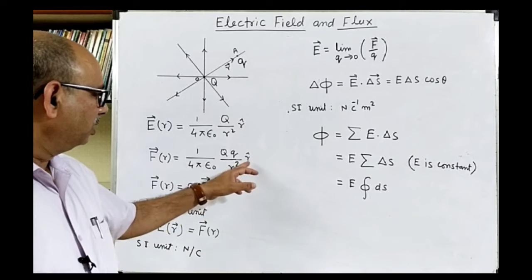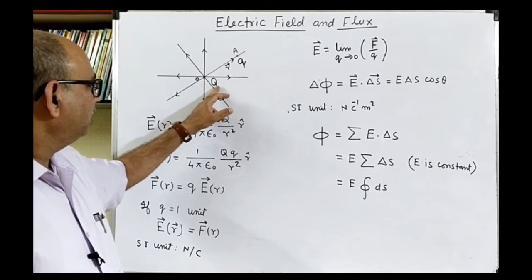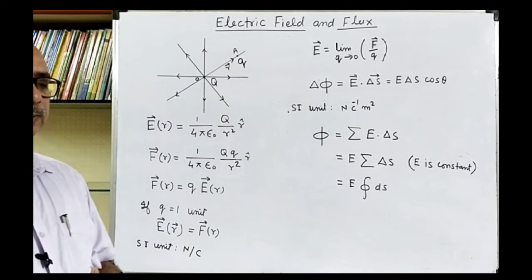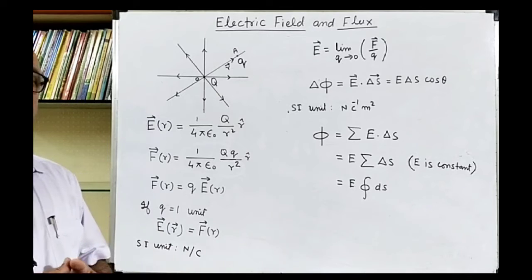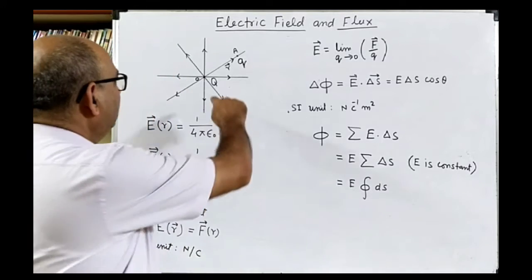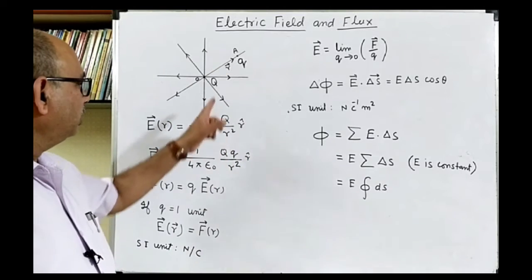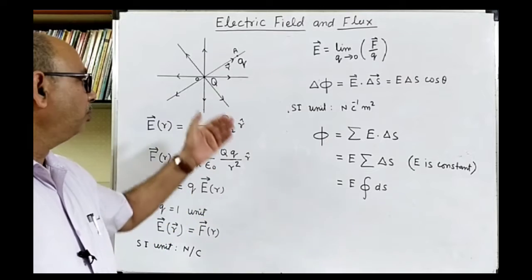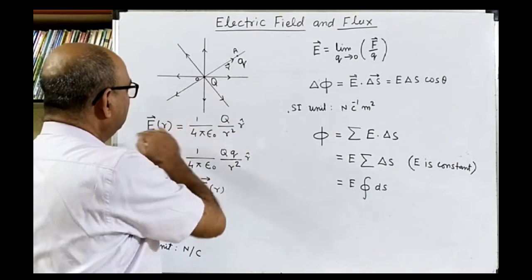This unit vector will give the direction of the force acting, or the force exerted by this charge on this charge. When the source charge is positive, then the direction of the electric field will be radially outward. But when the source charge is negative, minus Q, then the direction of the electric field will be radially inward.